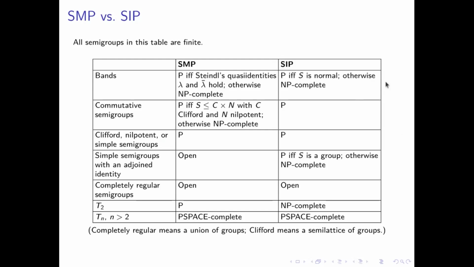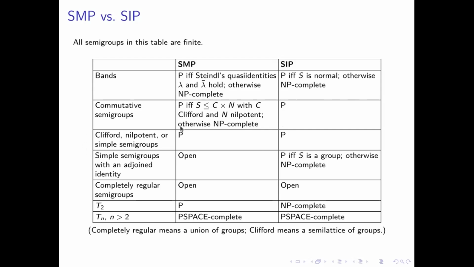But in the SIP case, bands is in P if S is normal, and otherwise it's NP-complete. And for commutative semigroups, SIP is the easier problem because SIP of a commutative semigroup is in P, but SMP could be NP-complete depending on the semigroup structure.